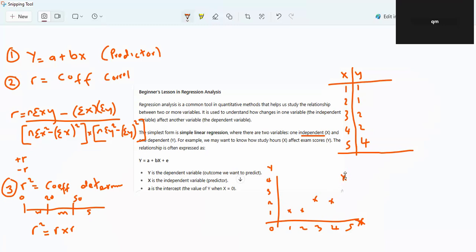So from the look of things, what type of relationship is this? Is this a positive relationship or a negative relationship? How are the dots arranged? Positive, right? Does it look strong or weak? It's strong. I think there's just one that looks out of place.